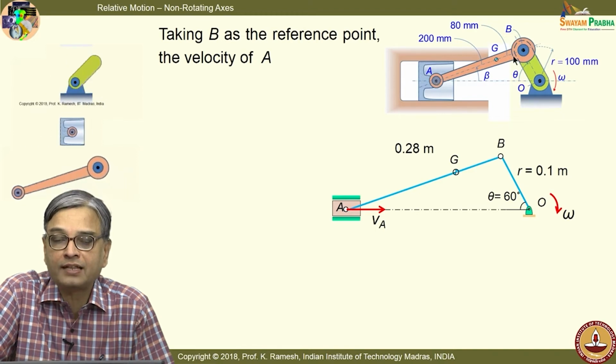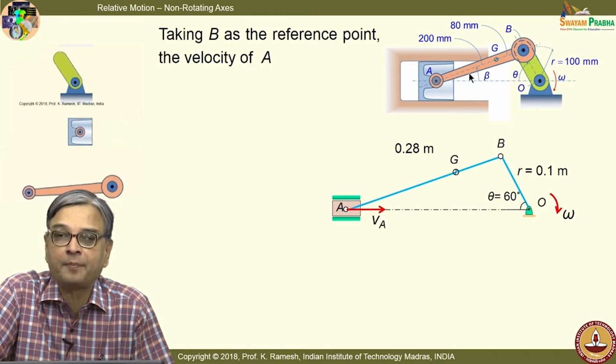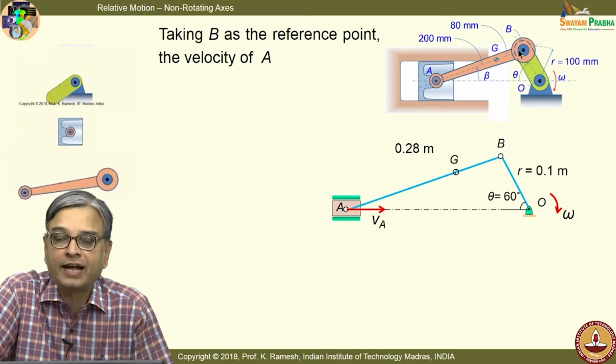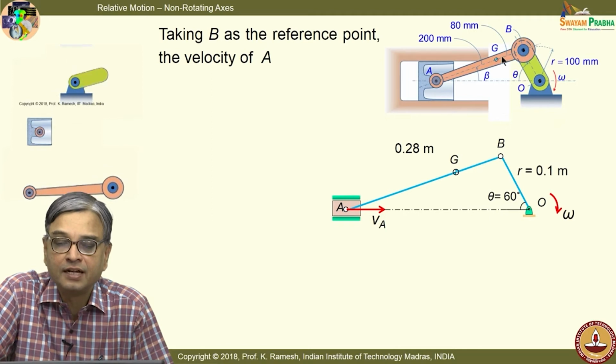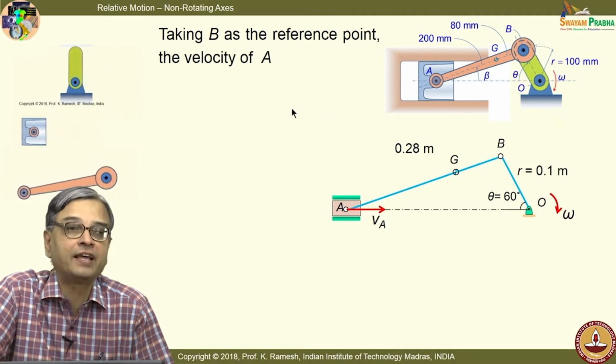We have already looked at that this is experiencing general plane motion. If I attach a non-rotating translating axis at B, how would I perceive A?